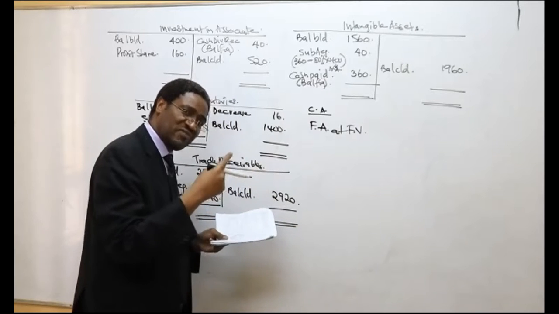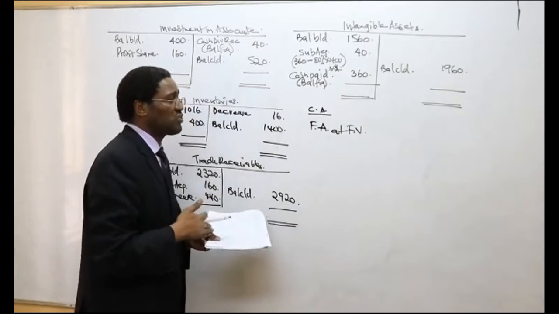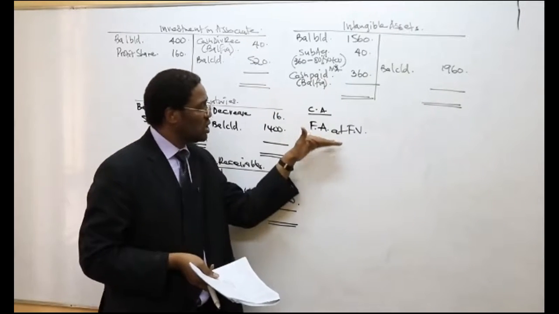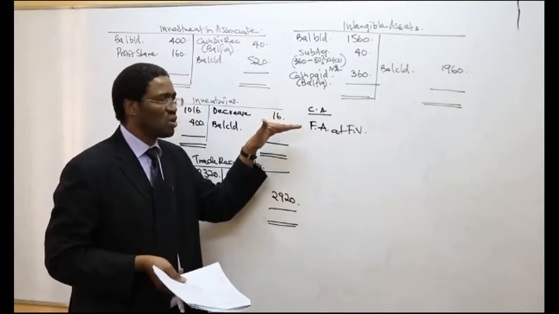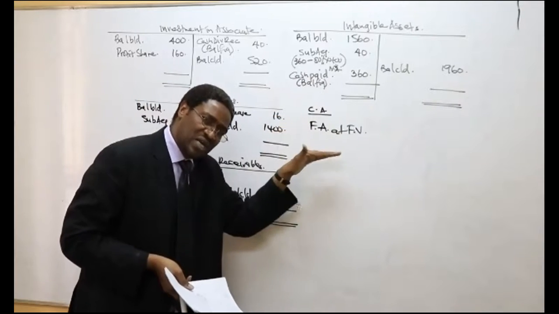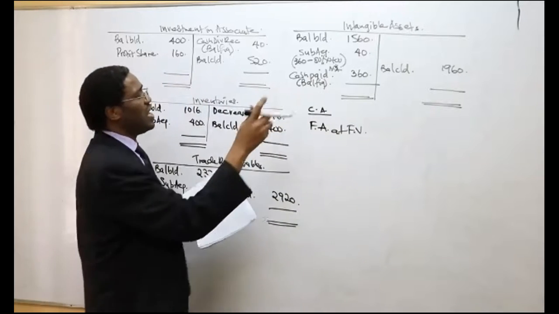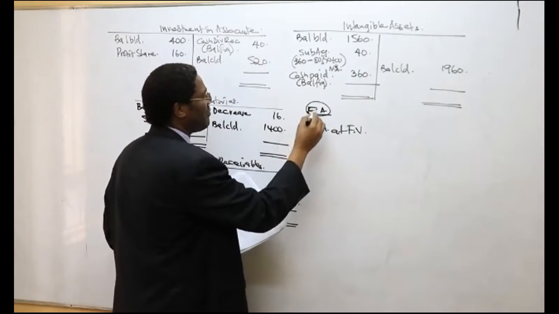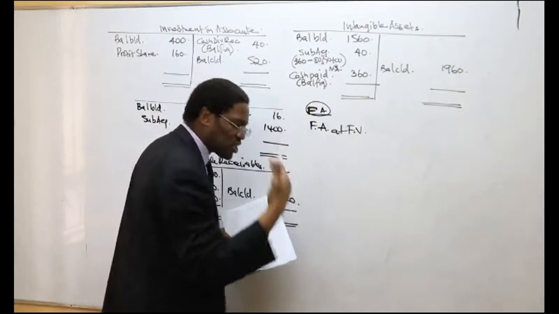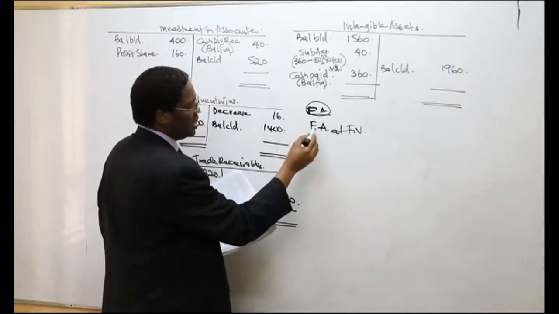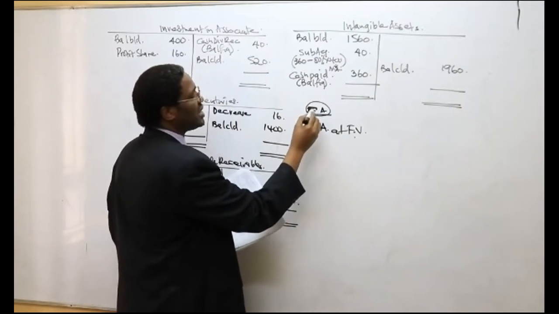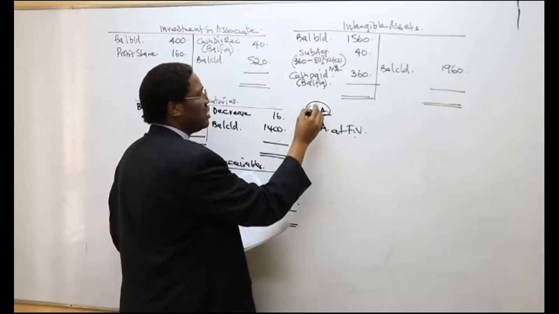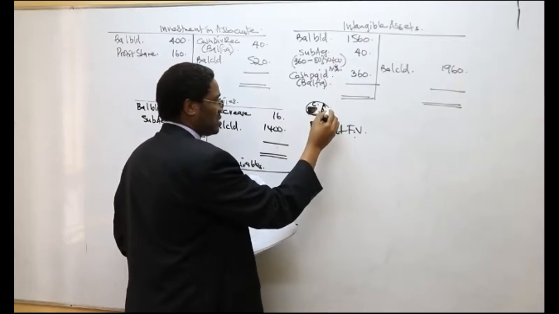Of course, you must have done this before in your cash flows of section 3 and section 1. I am not talking of financial assets among the fixed assets. There are some questions that give you financial assets at fair value under fixed assets. But this one is given among the current assets.